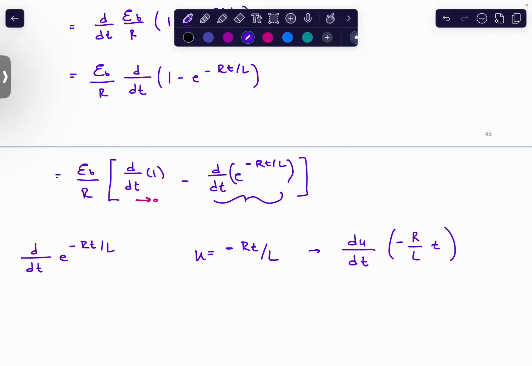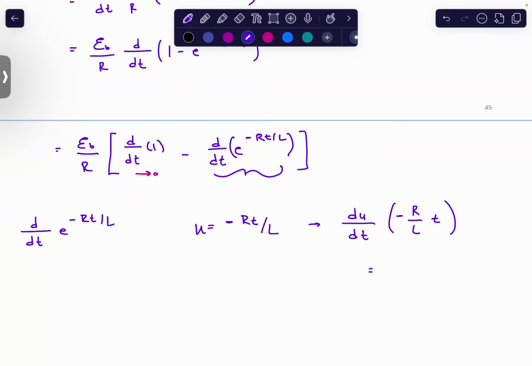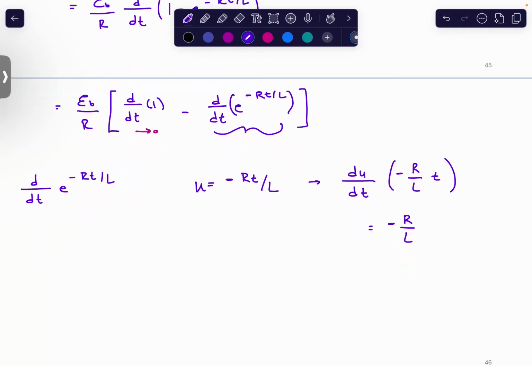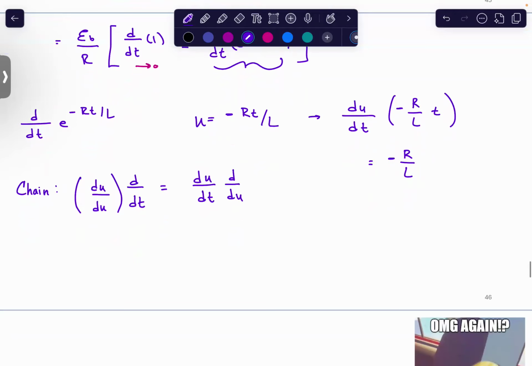So you have a constant times T. So that is going to give you negative R over L. Okay, and then by chaining, so that's going to give us, okay, well, we have du dt.